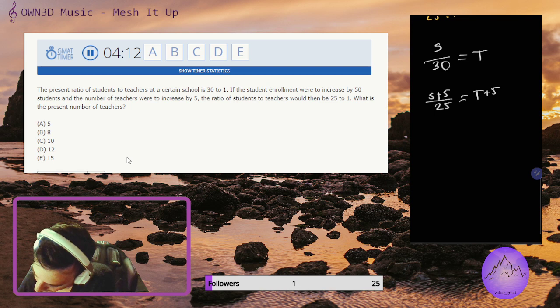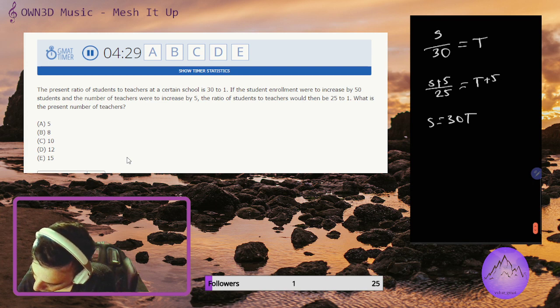Now if I put those together, we got S equals 30t, and S also equals 25t plus 125 minus 5.